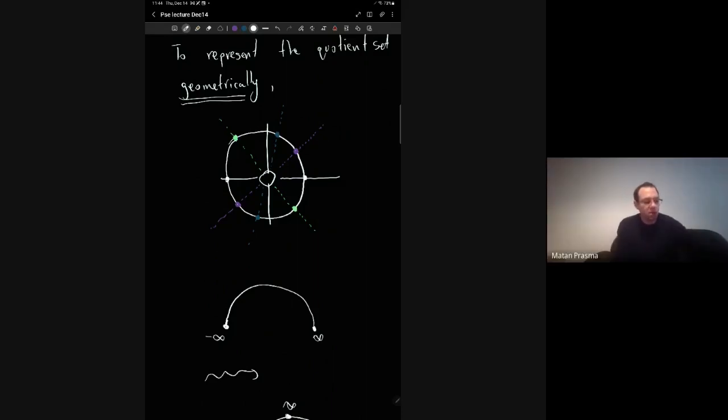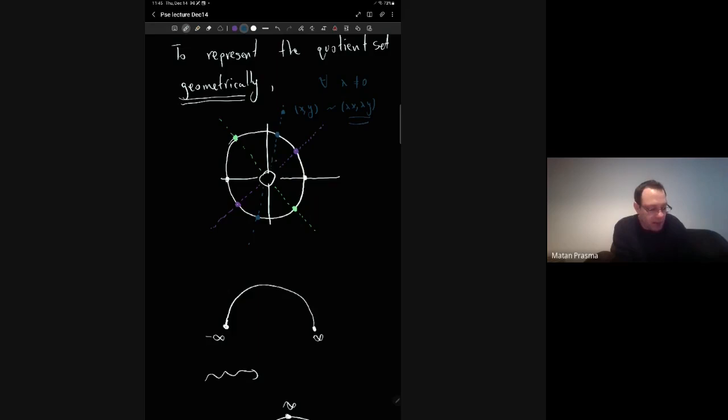Oh, okay, so let's take, think of this as x, y. When we declared it to be equivalent to lambda x, lambda y for any lambda that is non-zero, right? Yep. But what are these points, lambda x, lambda y?